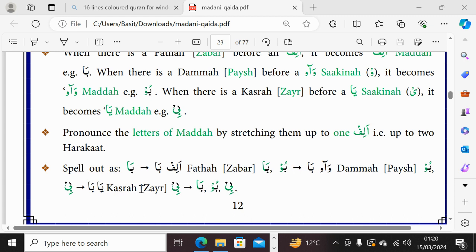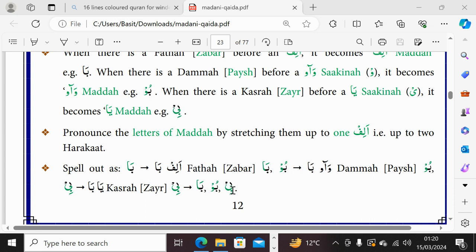Ba, ya, zer, bi. Ba, bu, bi. The madda letters are stretched by one alif, or up to two harakat.